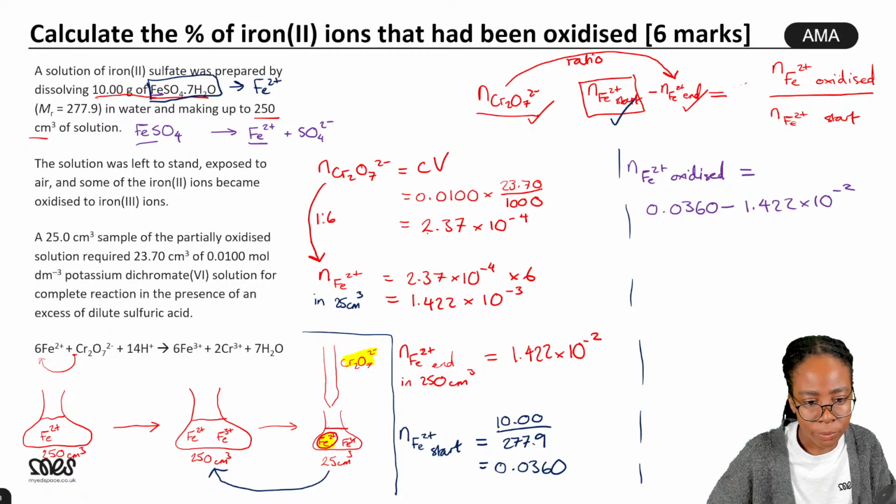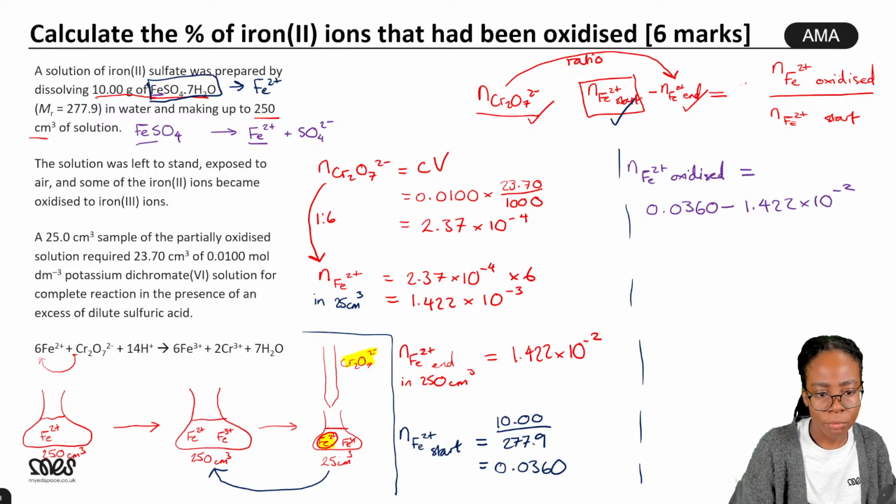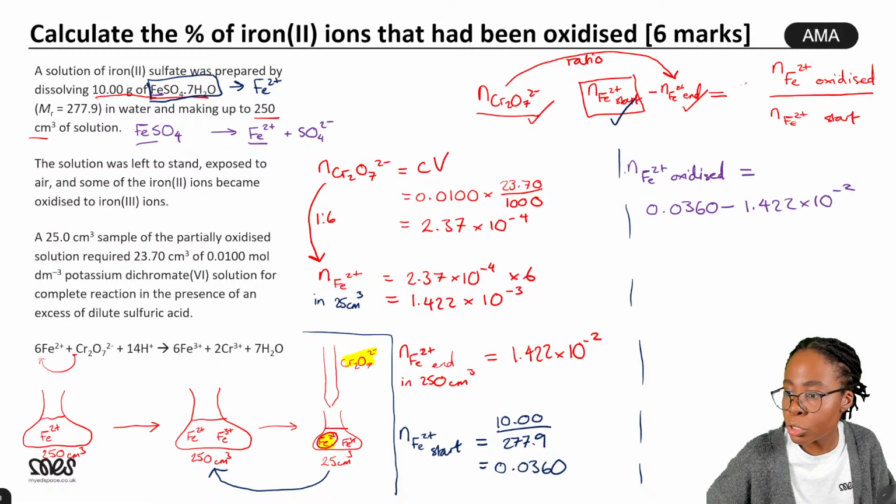Okay. You are absolutely right. Lovely. We get 0.0218.